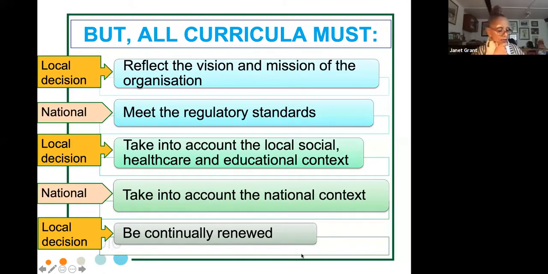Some of those decisions are ones which medical schools themselves can take, and some are ones which are imposed on them. So that is an overview of why each school must think about its own curriculum. I know that in some countries the curriculum is provided, but even then there will be differences in implementation.